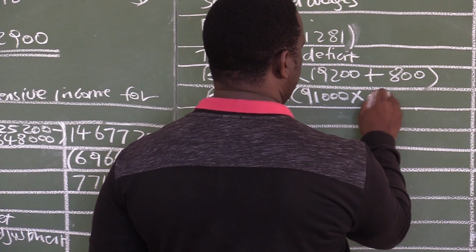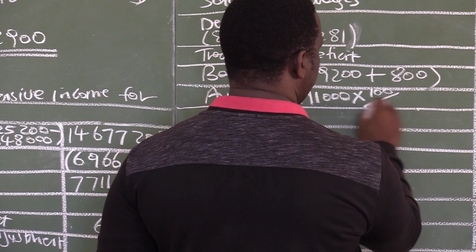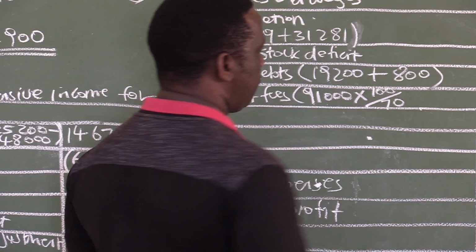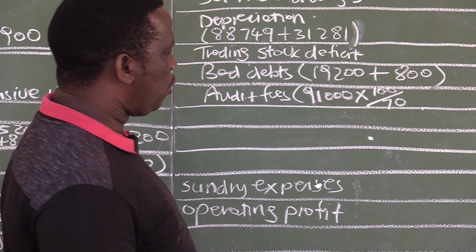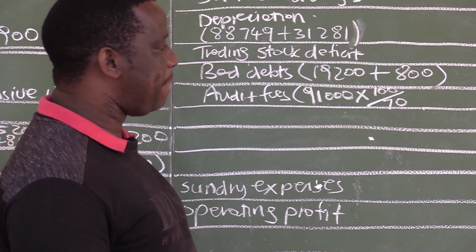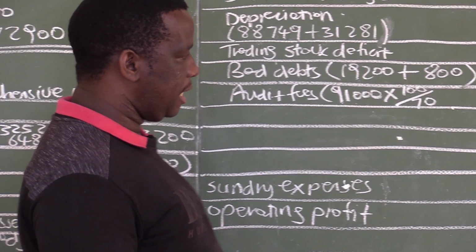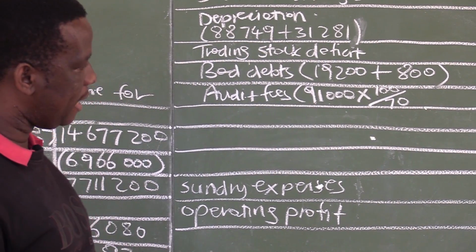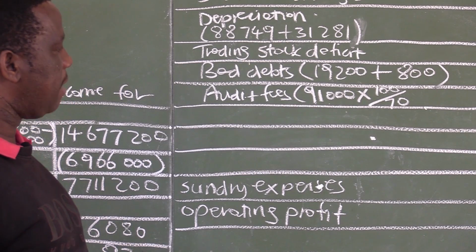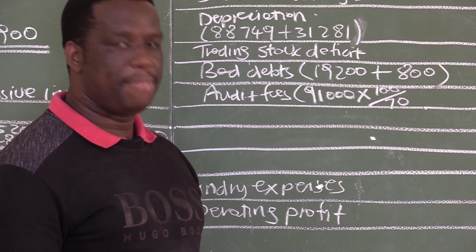So it is important that we multiply by the percentage of what we want and divide by the percentage of the amount given. We want 100% of the audit fees, not 70%, and the amount given, 91,000, is 70%.